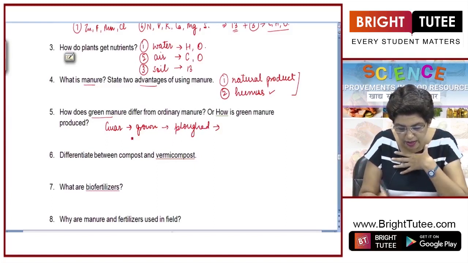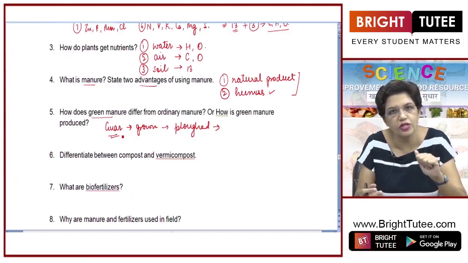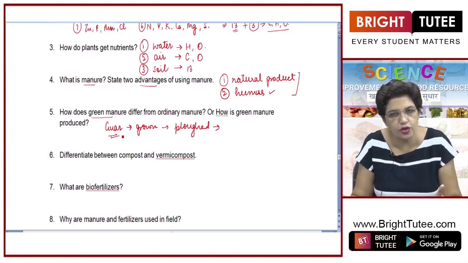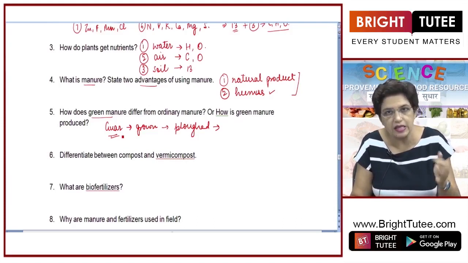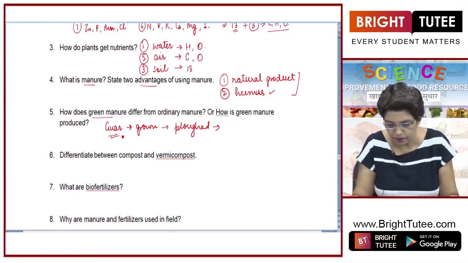These plants will get mulched into the soil. There they decompose and increase the fertility of the soil, because during decomposition they release nitrogen and phosphorus. So they are made in the field itself. That is why they are called green manure.